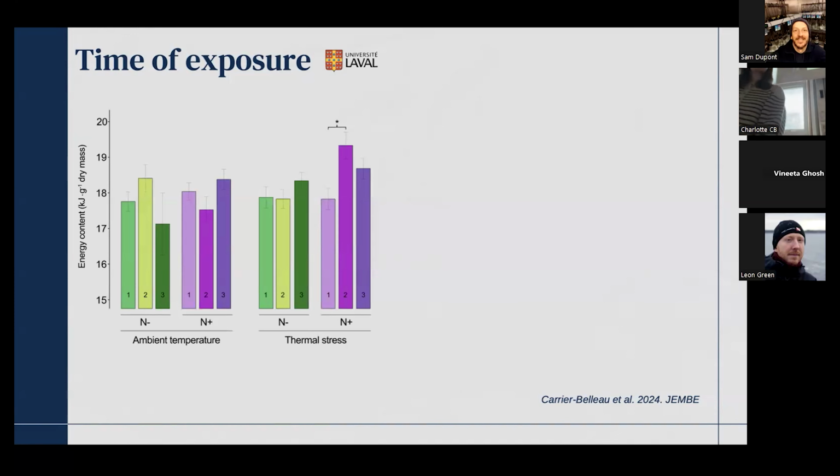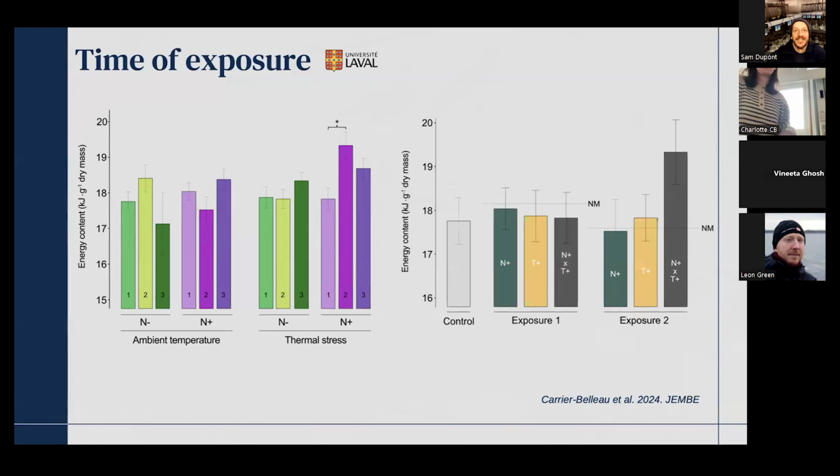And we had a statistical interaction between thermal stress, nutrient, and time of exposure. So if we look at what happens exactly, we see the individual and combined effect of nutrient and temperature after exposure 1, but we see that after exposure 2, we have a net increase in energy content when both stressors are combined.